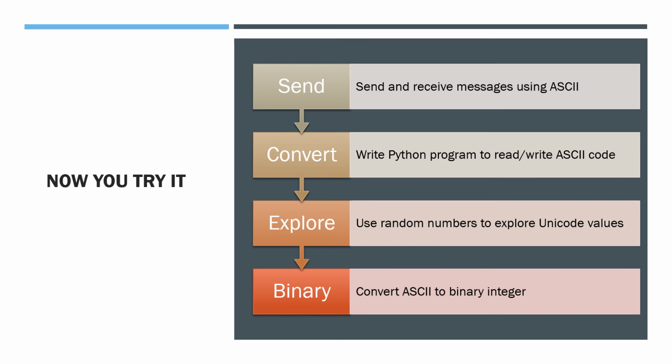If you've got time, use a random number program to explore some of the different Unicode values that you might not know about, and write a program that will convert any character into ASCII code and then represent it as a binary integer. So I've included quite a bit of programming activity in there because I want us to keep our programming skills sharp as we go through the second year.